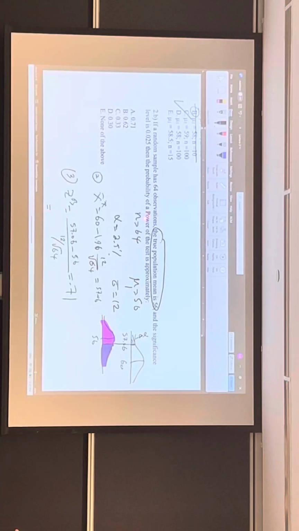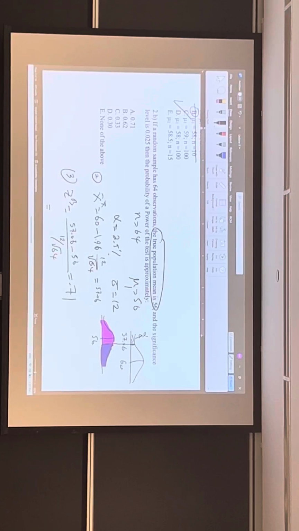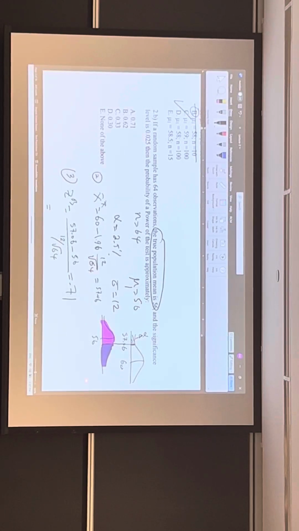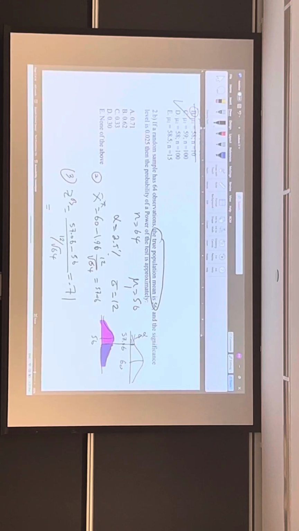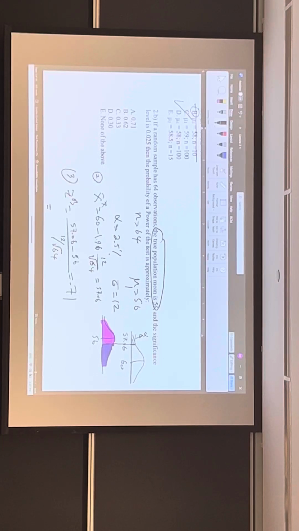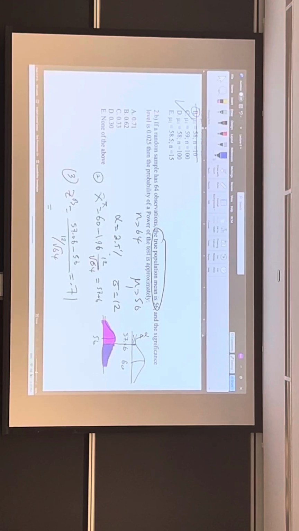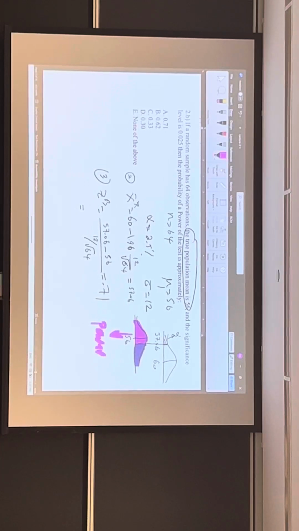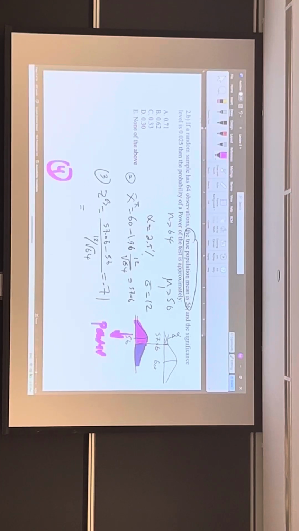The case asks you to find the power. Which one's the power, which one's the beta? One of these two is the power, one is beta. Which one's the power? Toward the test, that's the power. Opposite, that's the beta. That's what you're trying to find. In step number 4, which is the power, you need to find that area.